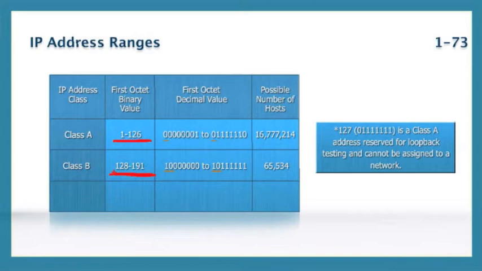Remember when I also said that with Class A addresses, we would get a few networks, but each network could have a large number of hosts? Look at this. When you have 24 bits left over for hosts, you get 16,777,214 host addresses.